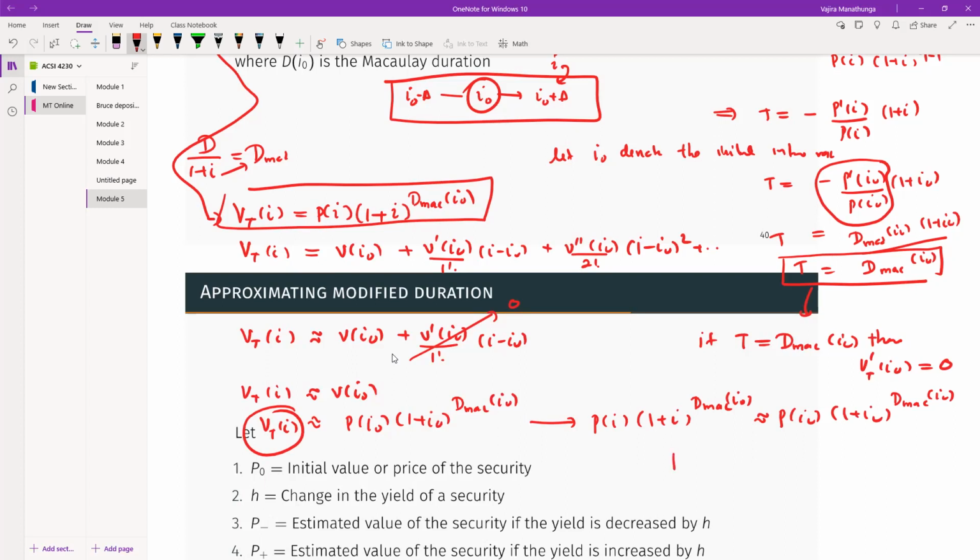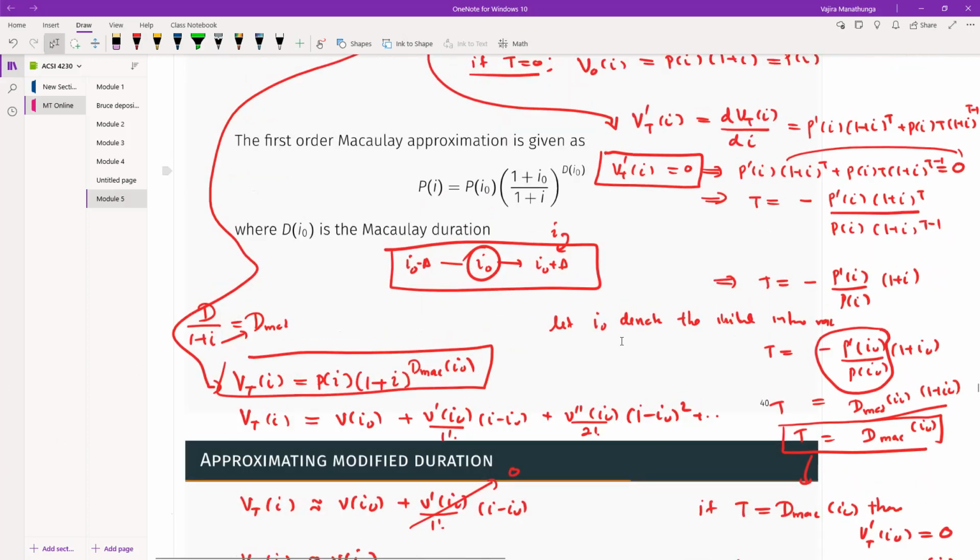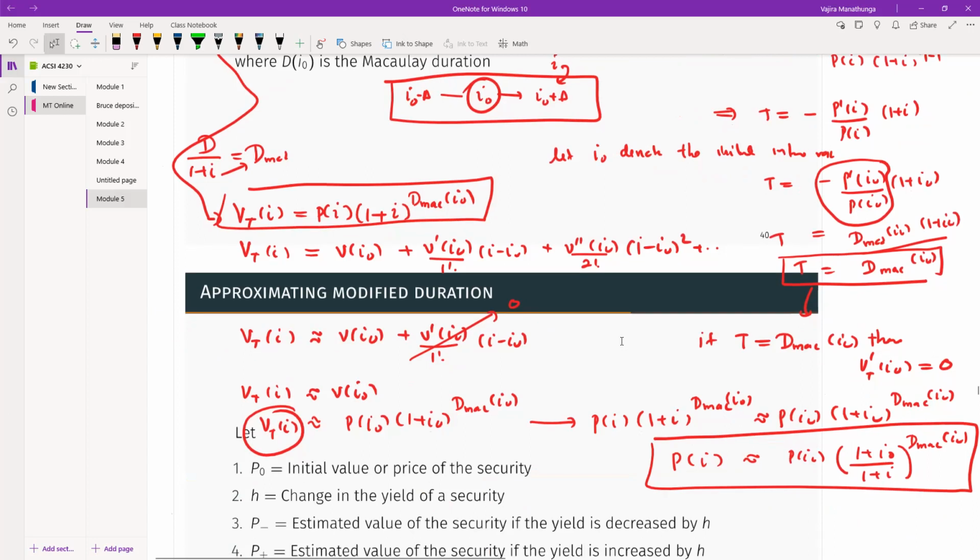So if I solve for P(i), remember we are solving for price, it is going to be P(i naught) times 1 plus I naught over 1 plus I, to the Macaulay duration over I naught. So this is the formula you see above with the derivation. You can refer to the SOA note, which has a clearer explanation, but that's the basic idea of how to get the formula.